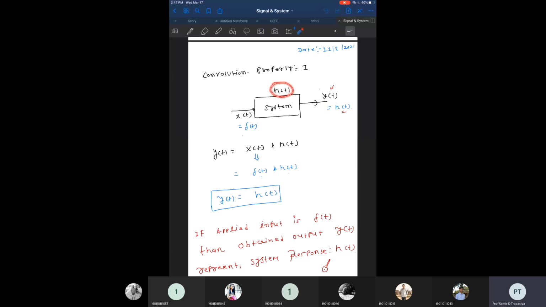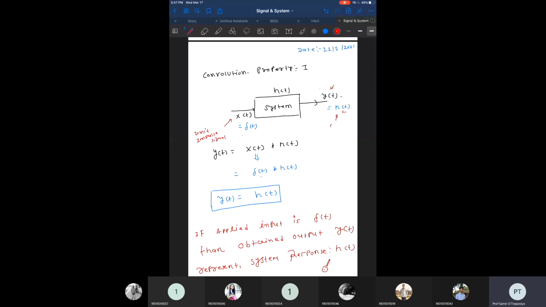So y of t is obviously the convolution operation between the applied input x of t and h of t signal. But if this input x of t is the unit impulse signal, right? We assume here that the given x of t signal is the unit impulse signal, then output y of t is nothing else but equivalent to h of t, that is the system response.